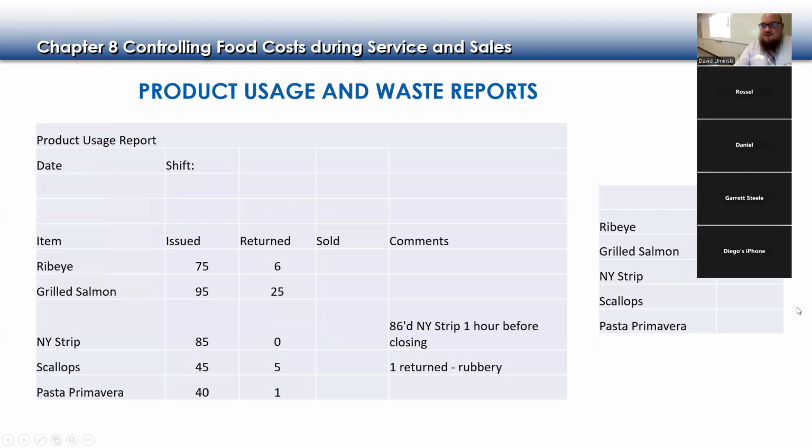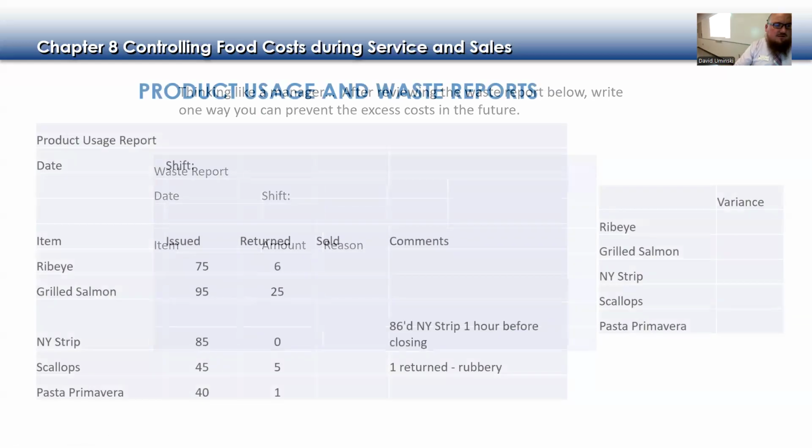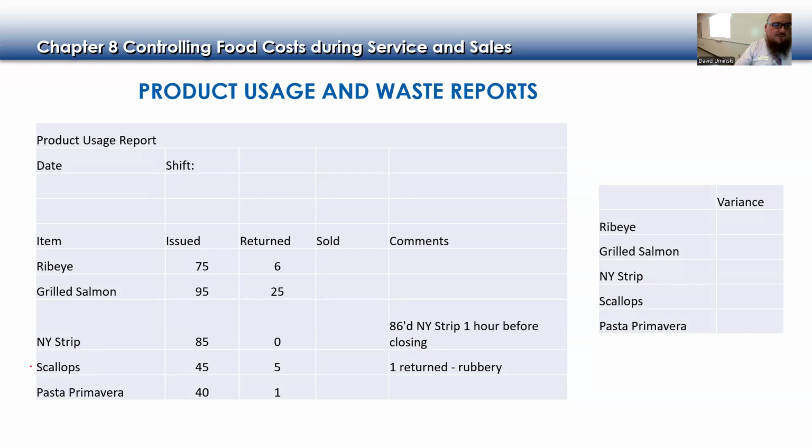I want to cover up our variance. Here we go. All right. So we issued 75 ribeyes. We returned 6, and we sold 68.